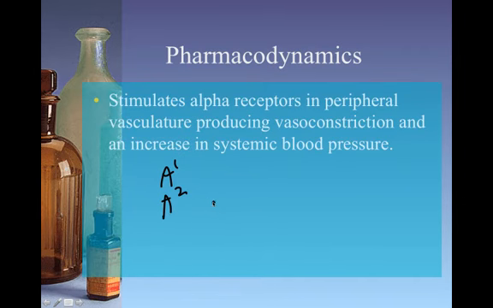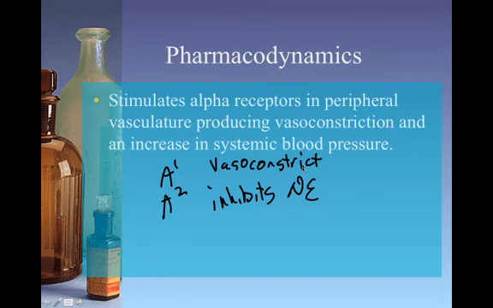Alpha 2 kind of inhibits norepinephrine. Alpha 1 is kind of the gas on norepinephrine, so alpha 1 will cause primary vasoconstriction in the actual vessels, and this will bring up our systemic blood pressure.